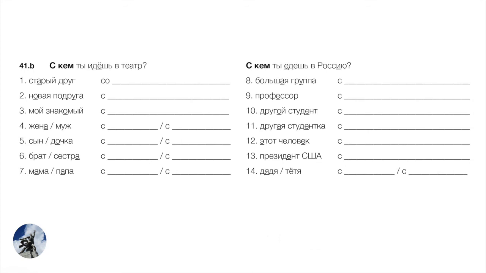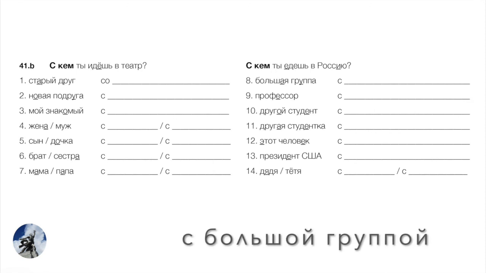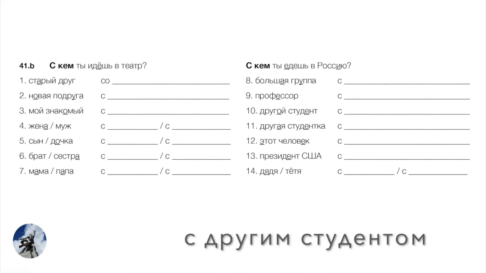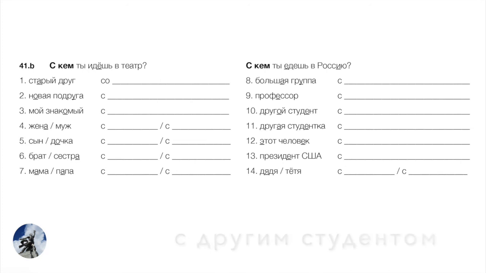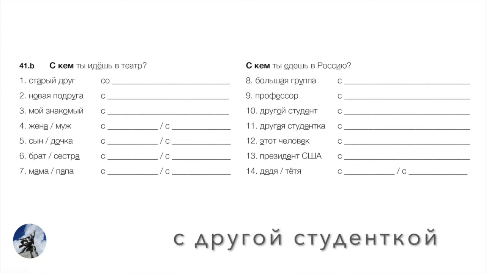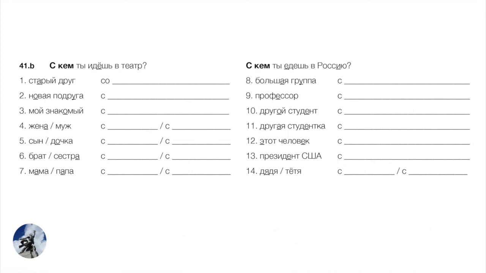Another question, с кем ты едешь в Россию? With whom are you going to Russia? With a big group. С большой группой. With the professor. С профессором, right, hard masculine. With another student, с другим студентом. With another female student, с другой студенткой. Number 12, with this person, okay, there's a special modifier.